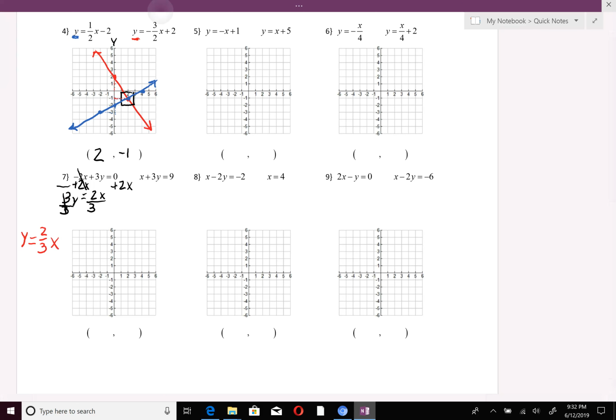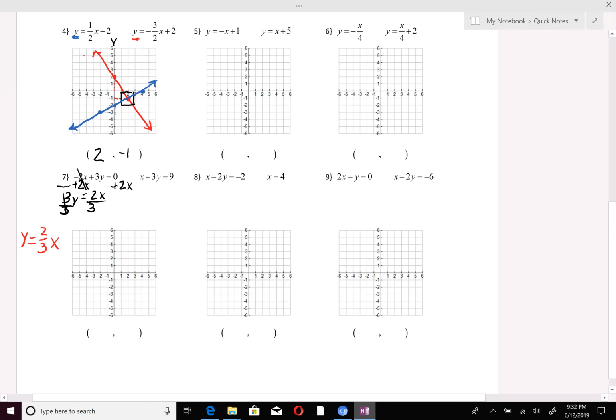And now let's solve for our blue line. I'll subtract the x to the other side, and I'll get 3y equals -x plus 9. The 9 was positive, so that's why it's plus 9. And then I need to get rid of this 3 yet again, so I'll divide by +3, and that goes for all terms. We didn't have a second term here, but now we do.